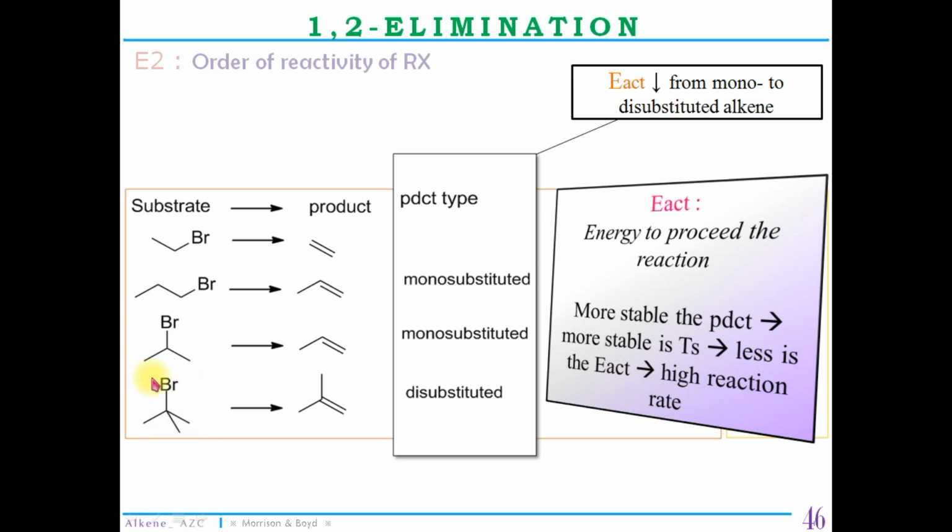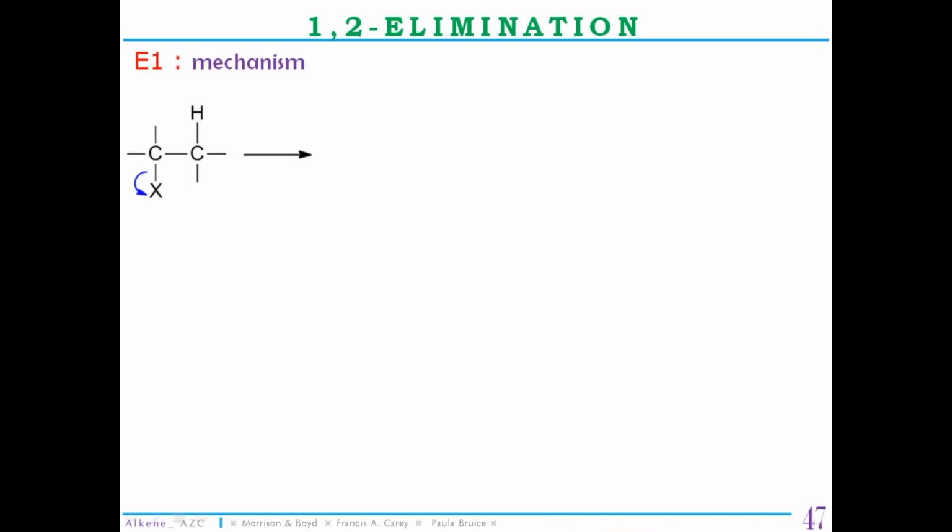So in the reaction of tertiary alkyl halide, activation energy is less than when the reactant is secondary or primary, and therefore there is a high reaction rate when we use tertiary alkyl halide for elimination reaction. Thus the reactivity order of alkyl halide is tertiary, then secondary and then primary.